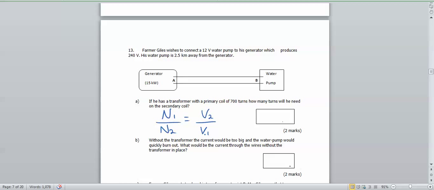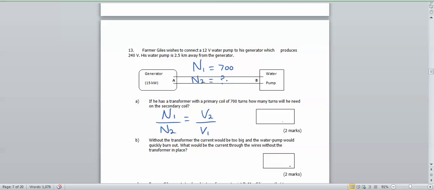So let's have a look at what we know. The number of turns in the primary coil is equal to 700. The number of coils in the secondary coil is equal to, we don't know that.